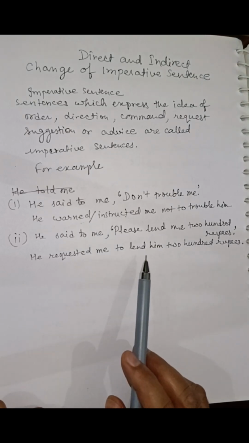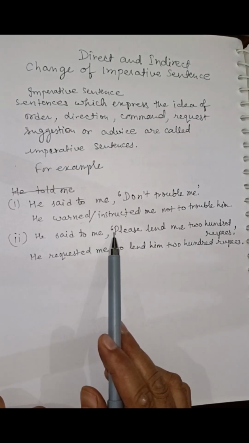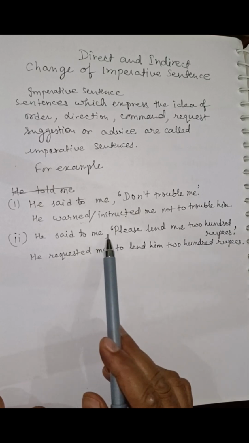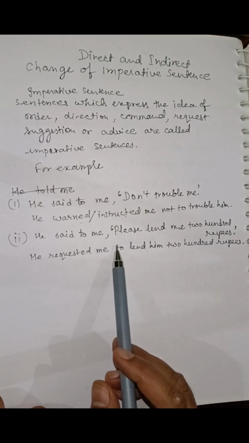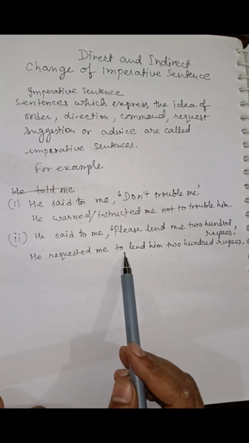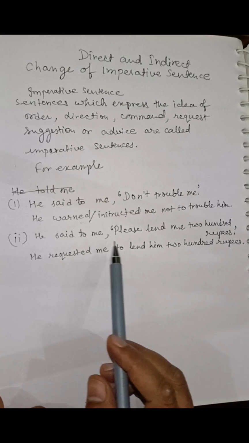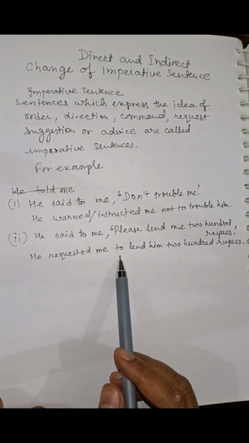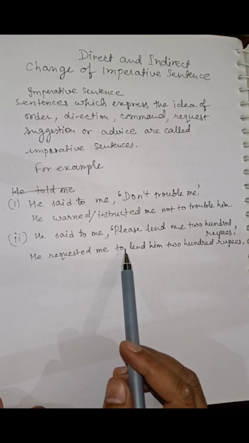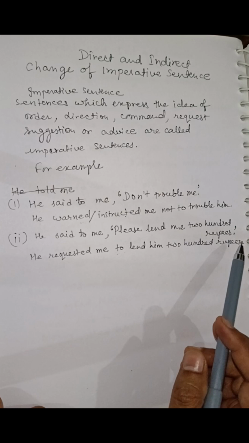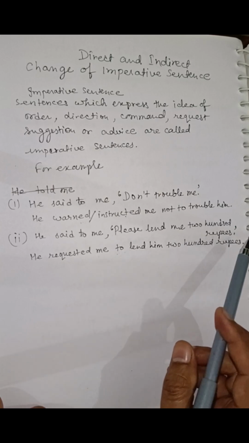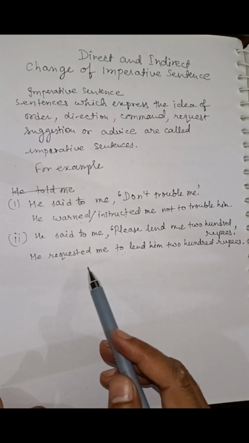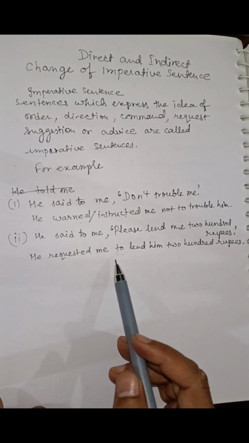Children, one thing you must notice over here, that we remove the inverted commas by using the preposition to. In case of imperative sentences, we use to to introduce the reported speech, unlike the case of statements wherein we had used that.